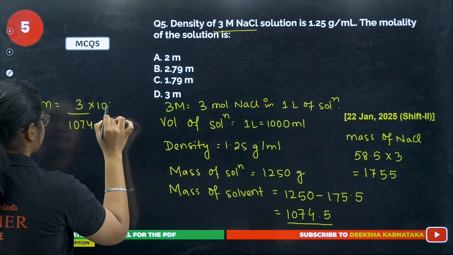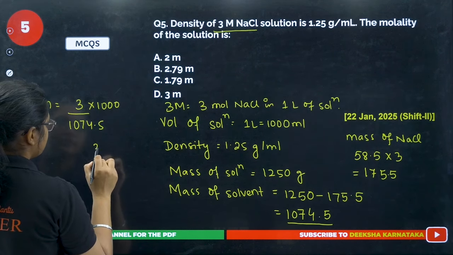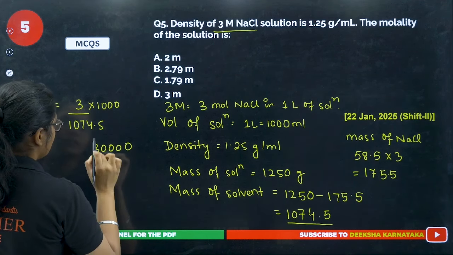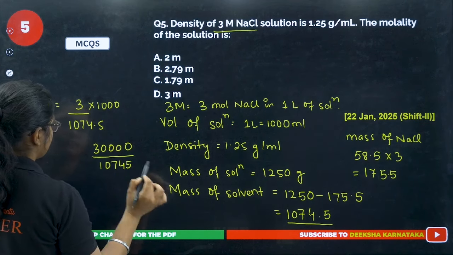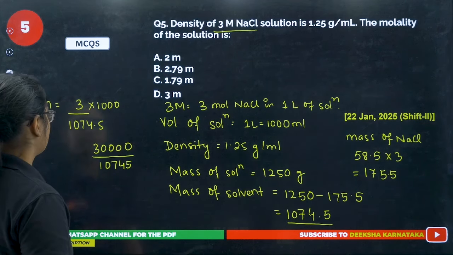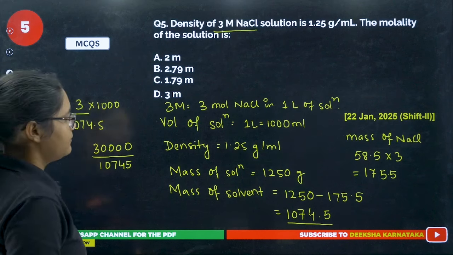into 1000. So I can write this one as 30,000 divided by 1074.5. So now let's calculate this one.